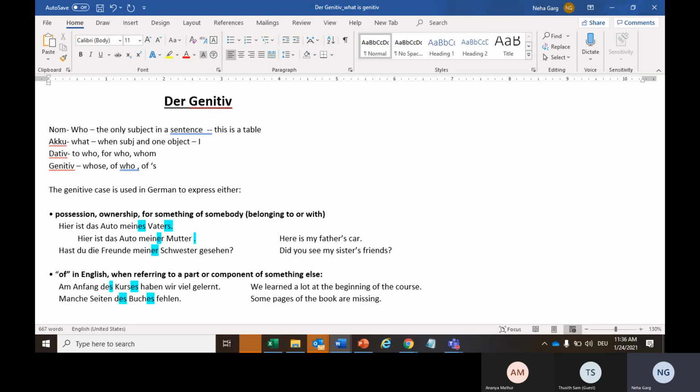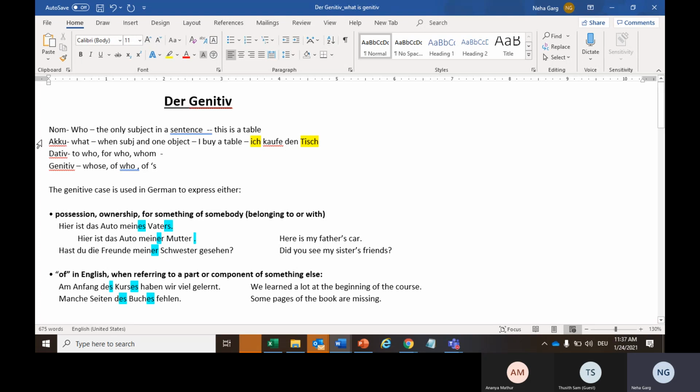Then, I buy a table. Oder ich kaufe den Tisch. Here the who case is ich, so ich is nominative, and then Tisch, was kaufe ich, what I am buying. I am buying a table, so this Tisch becomes accusative. It's pretty simple and basic.